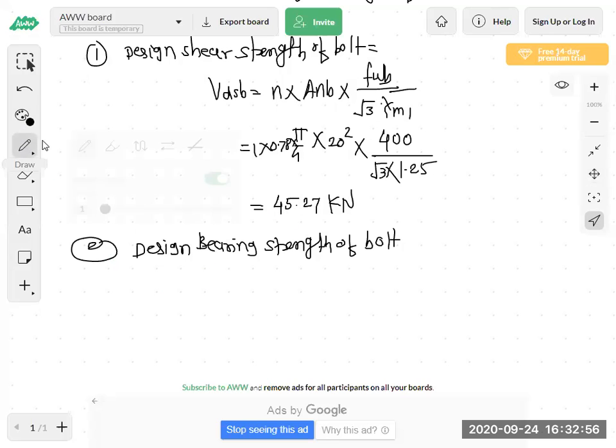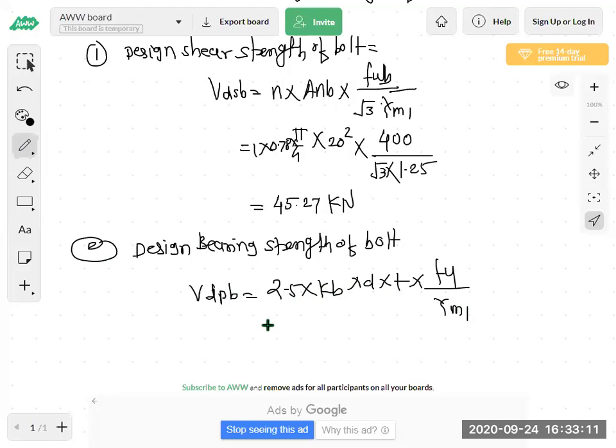So we will directly use VDPB equals 2.5 into KB into D into T into FU divided by gamma M1. Now 2.5 into KB 0.5, into D, 20 mm diameter, thickness, now thickness of lacing plate.